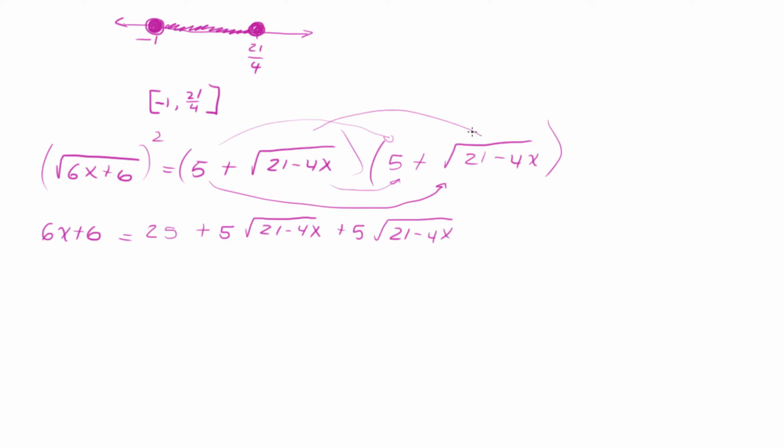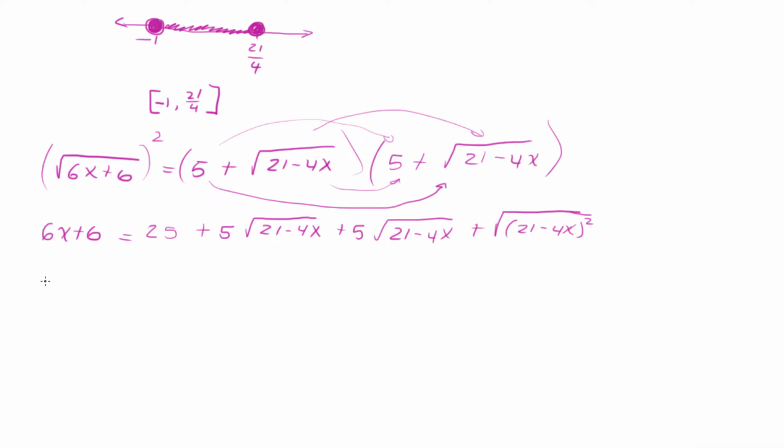Now for last, since both of them are radicals, you're allowed to multiply them. I'm going to multiply inside as 21 minus 4x squared. And that's going to be crucial. You want it to look like that, 21 minus 4x squared. Why is that? Because you want to get rid of the square root.